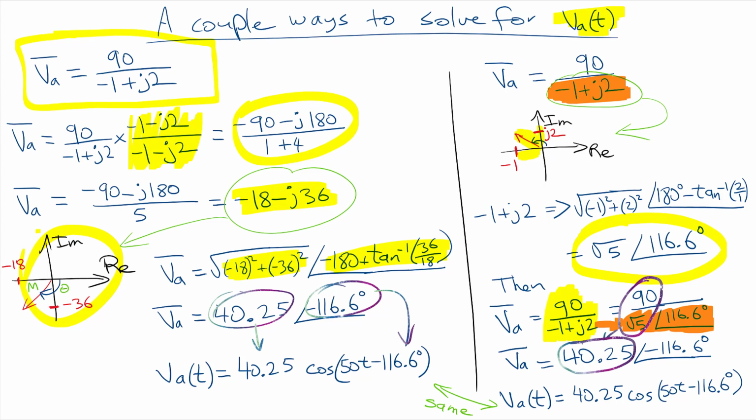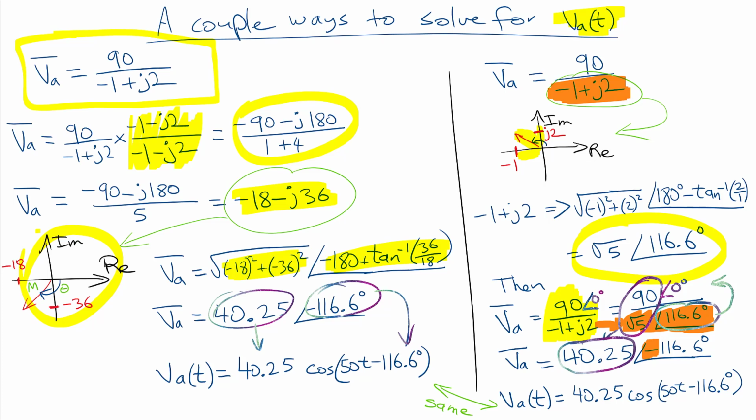And the phase angle, it's in the denominator, and when you bring it up to the numerator, it just flips its sign. So it becomes minus 116.6 degrees. Just notice that there is an implied phase angle of 0 degrees up on top, so you'd have 0 degrees minus 116.6 degrees. You have to watch out on how you do your calculations.